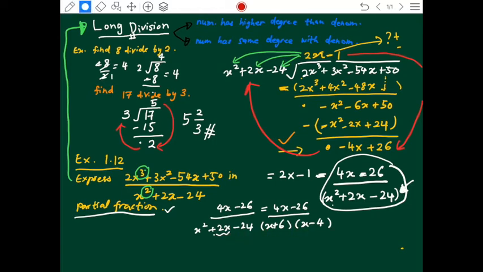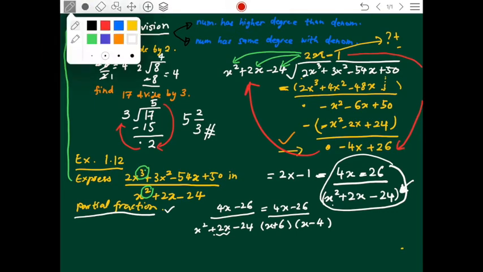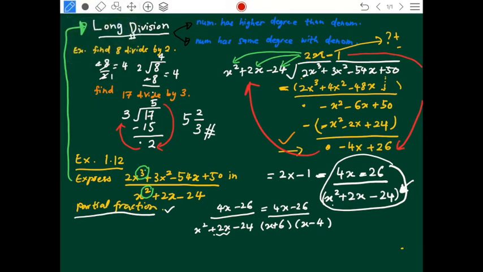Sorry, let me change the color first. You can convert it into the partial fraction, which is a over x plus 6 plus b over x minus 4.